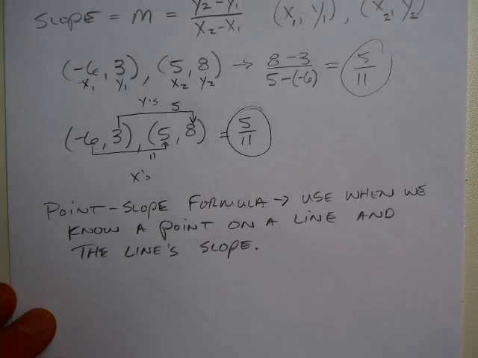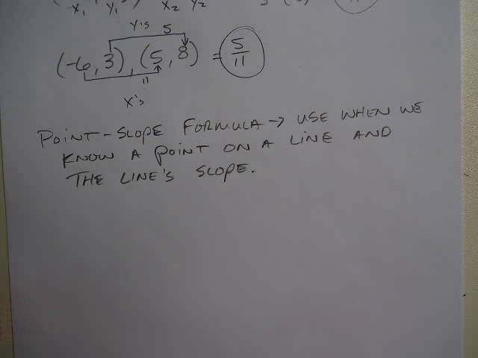It's sort of called point slope for a reason. If you know a point and the slope, you can write the equation of the line. It can be any point. It doesn't have to be that starting point on the y-intercept, although that makes life easy.